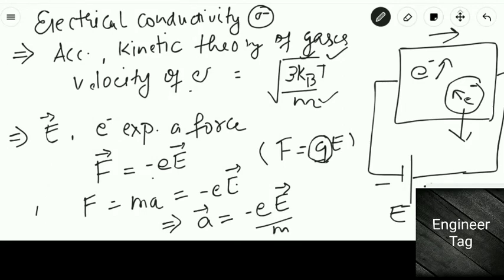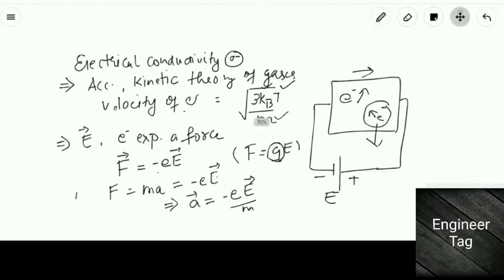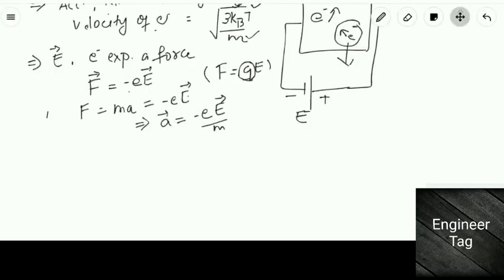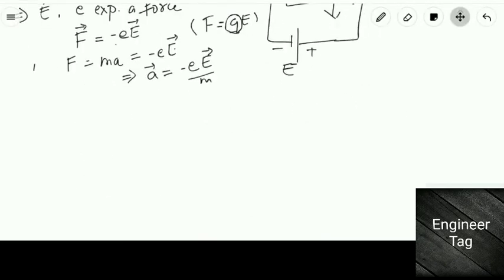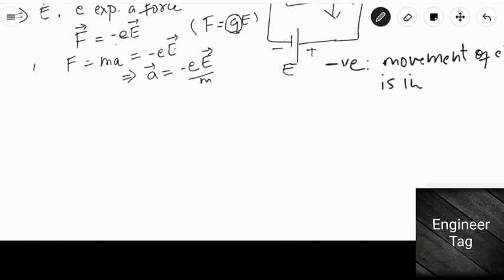So the acceleration faced by the electron after application of electric field will be minus eE by the mass of electron. The negative sign shows that movement of electron is in opposite direction to applied electric field.